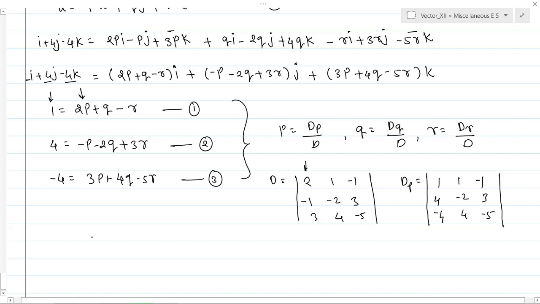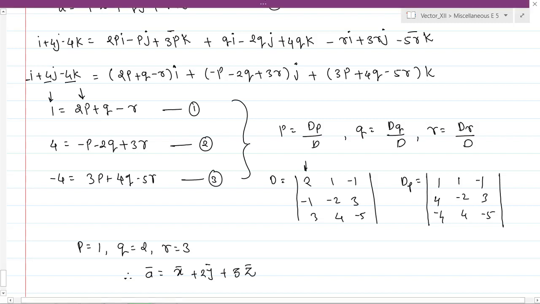After solving this, you will get the values p equals 1, q equals 2 and r equals 3. Therefore, a bar is expressed as 1 x bar plus 2 y bar plus 3 z bar.